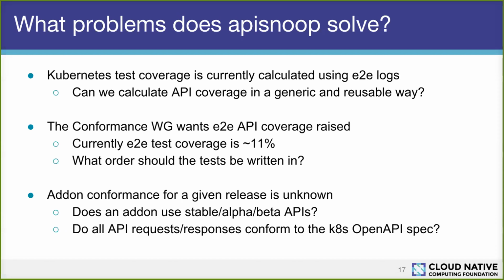Another thing that API Snoop hopes to solve is this idea of add-on conformance for a given release. Does an add-on use stable, alpha, or beta APIs? And do all API requests and responses conform to the Kubernetes OpenAPI spec?